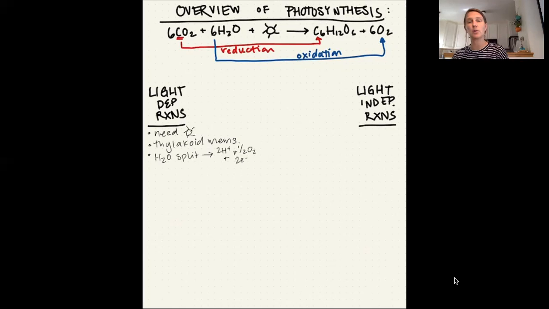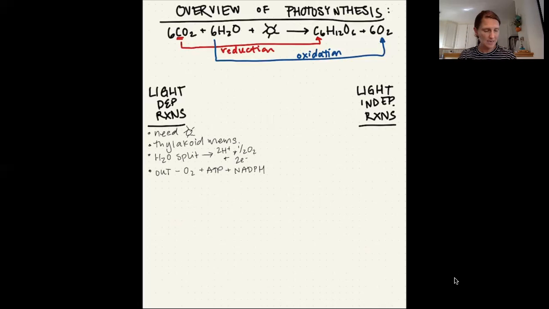Those electrons are going to be really important for the outputs, right? So what you're going to get out is oxygen gas, and we are also going to see that you're going to get ATP and the production of NADPH, right? And that is what is going to help drive the light-independent reactions, right?